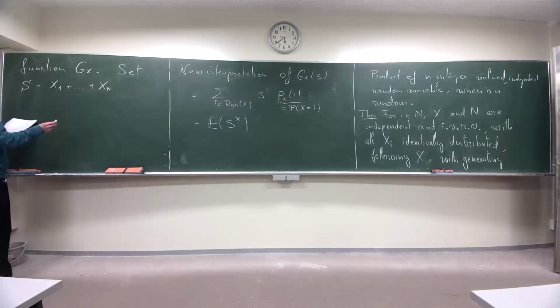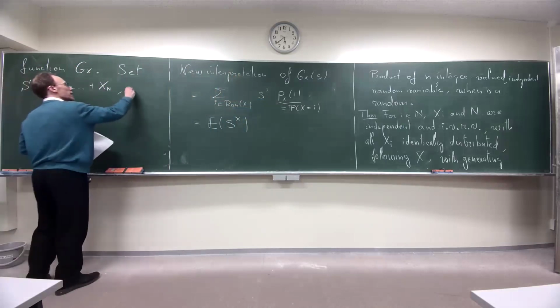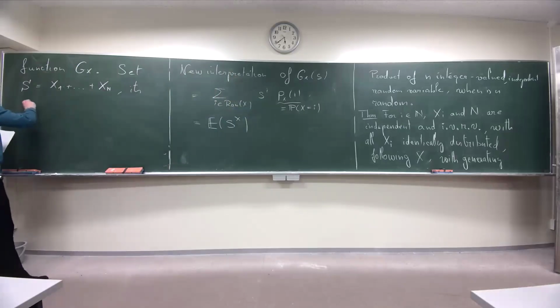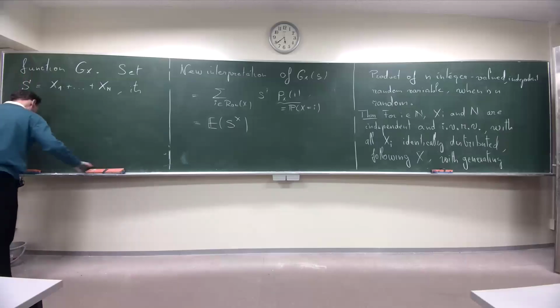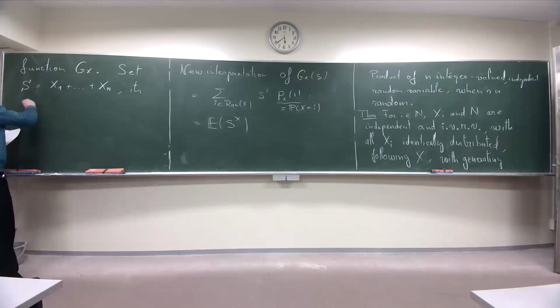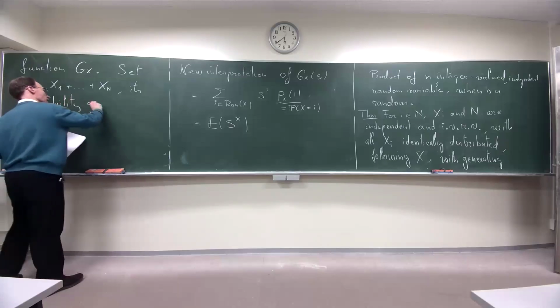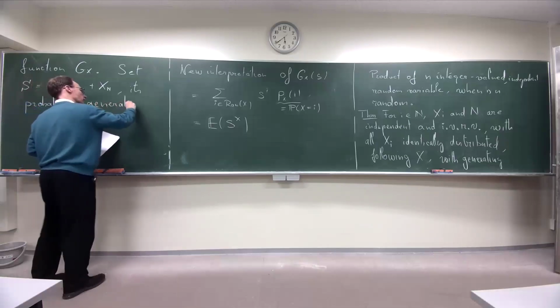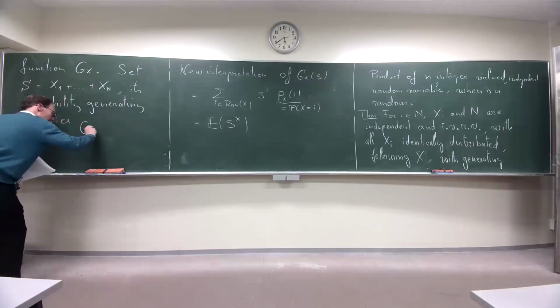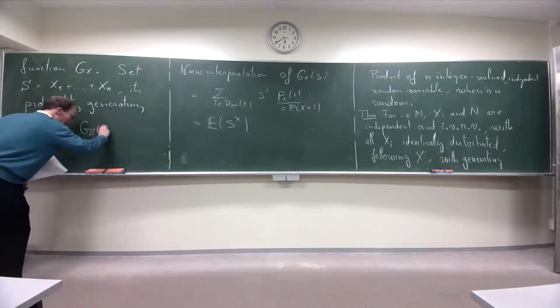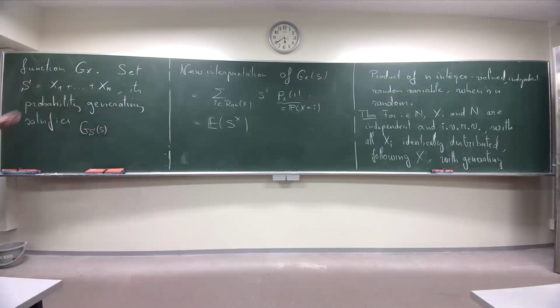And the statement is about its probability generating function, not its probability mass function. It satisfies: I'm going to compute G_S evaluated at s. So be careful, this is not the same.